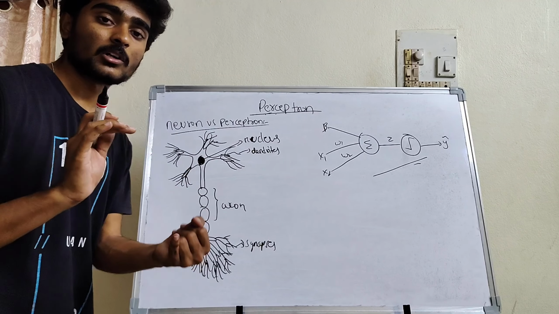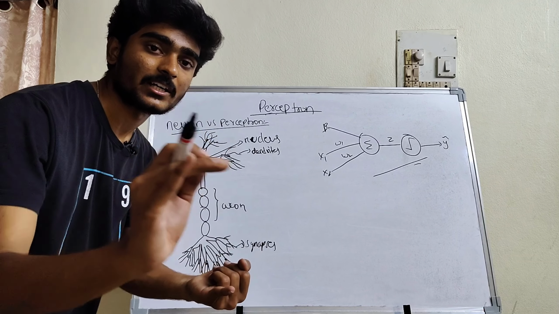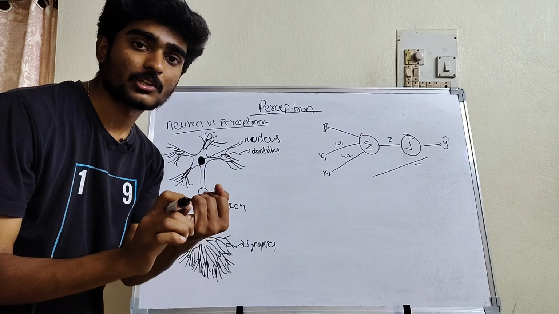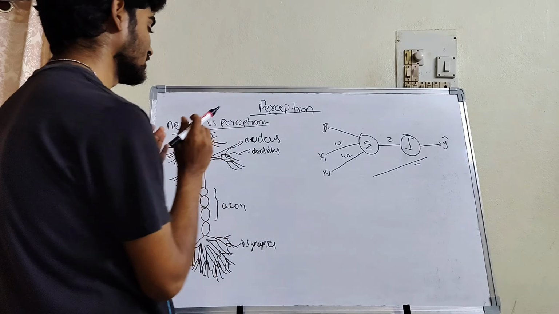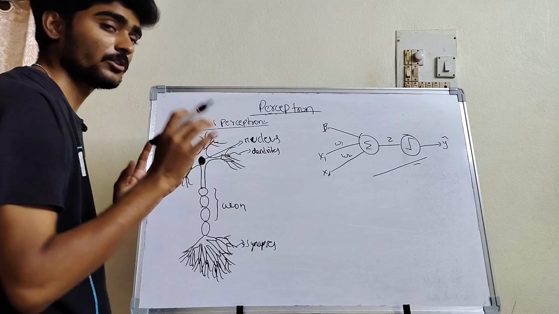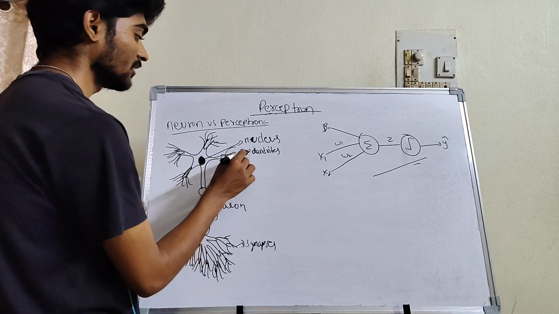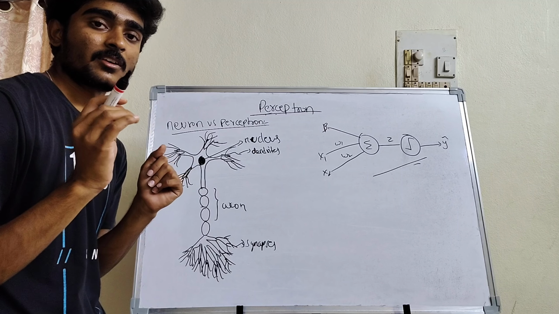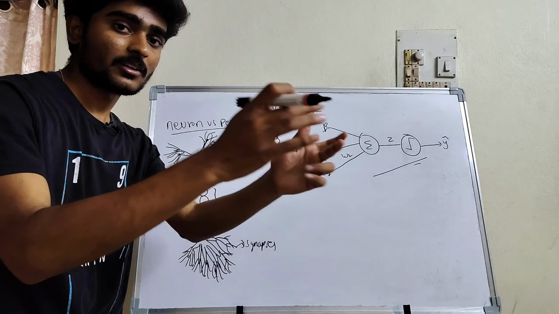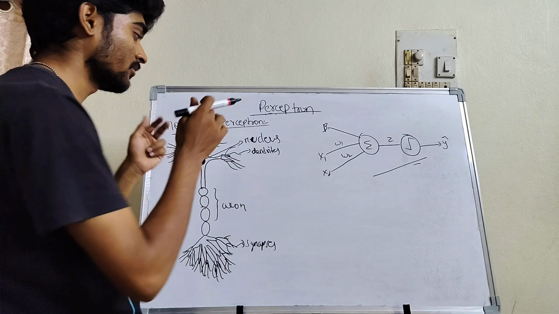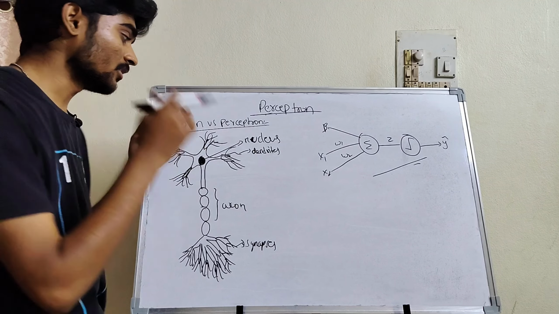Now let's see what the basic similarities and differences are between a biological neuron and an artificial neuron, that is a perceptron. Now let's understand what a biological neuron looks like. These are the dendrites. These dendrites help in taking the input. When your eyes see something, the input passes from your eyes to the neuron.